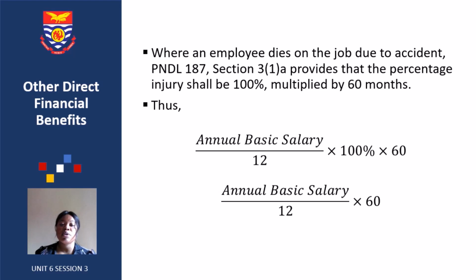Thus, the formula is going to be annual basic salary over 12 times 100% times 60, or annual basic salary over 12 times 60, for us to compute the workmen's compensation to be given to whoever is standing in place, your next of kin, to benefit from it.